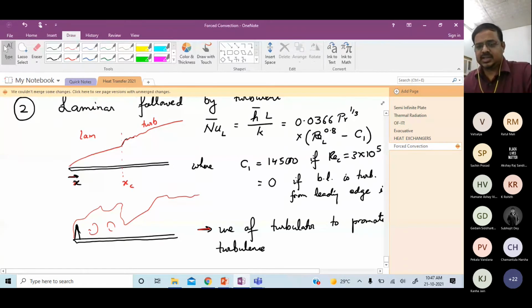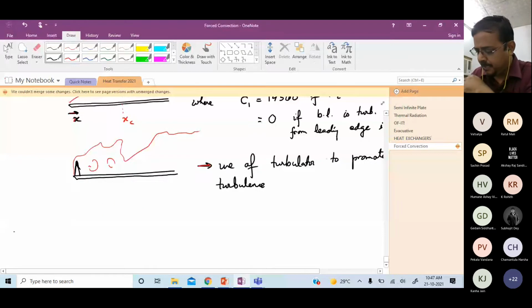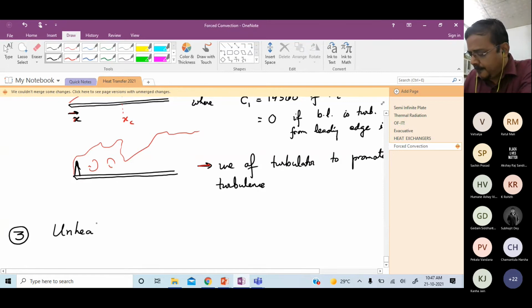The last special case is called unheated flow length.